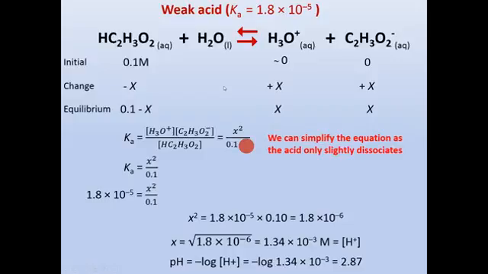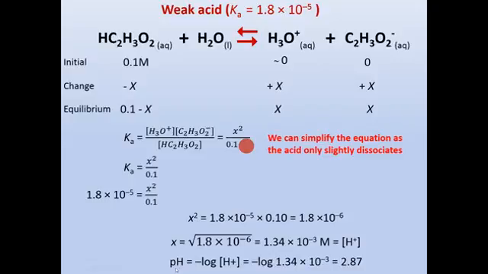If we look back to our table, the concentration of the hydronium ion at equilibrium is x molar, and we've just found a value for x. So the concentration of hydrogen ions or hydronium ions at equilibrium is equal to 1.34 times 10 to the minus 3.